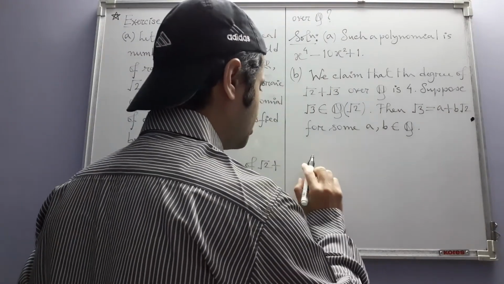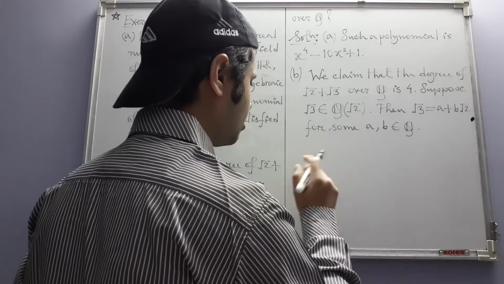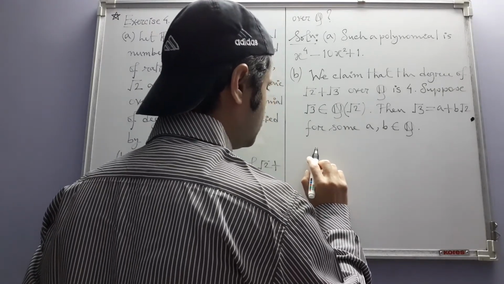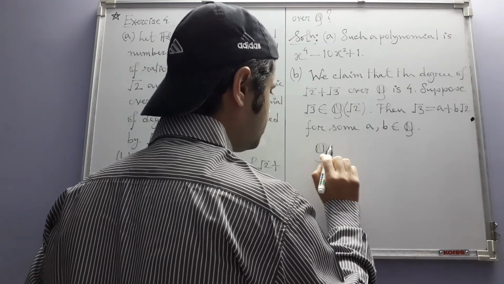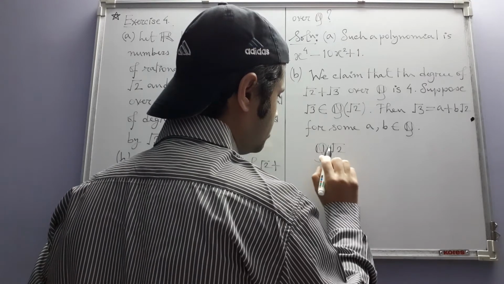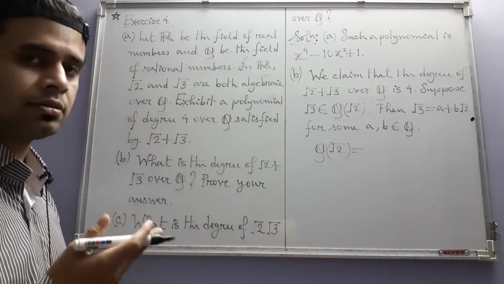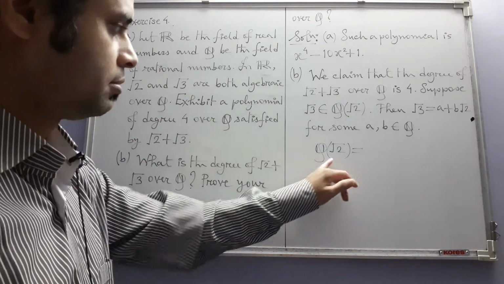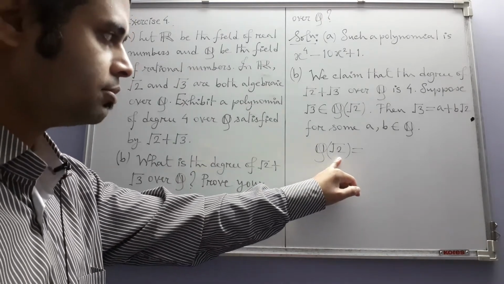If we remember, let's just very briefly go through what we already went through back then. According to the internal realization of this field, this is the smallest field containing both Q and square root of 2.